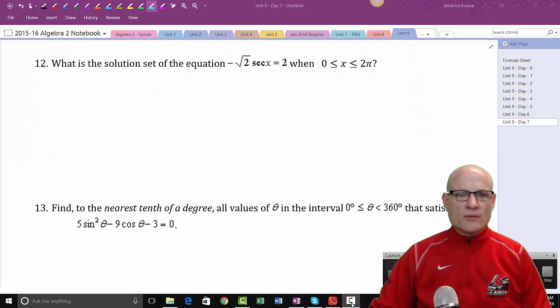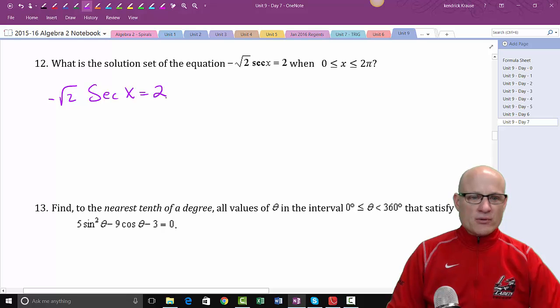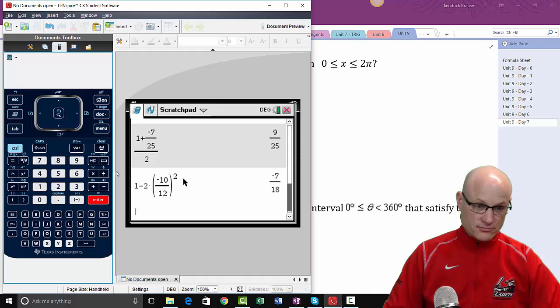One more. What is the solution set for this equation? We've got negative square root of 2 secant x equals 2. I'm going to divide by negative square root of 2. So I get secant x is equal to 2 over negative square root of 2. That looks a lot like 45, but I'm just going to use my calculator.